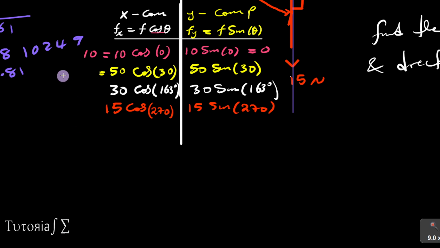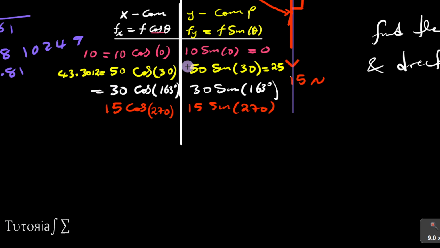So this will give us 43.3012. Then here we do the same. So this will be sine 30, that is half. So this will give us 25. Then we do the same here.